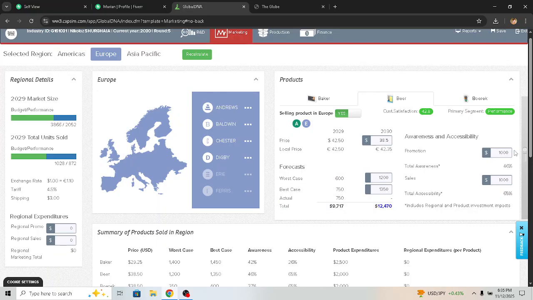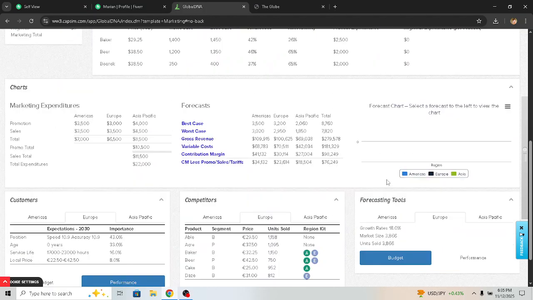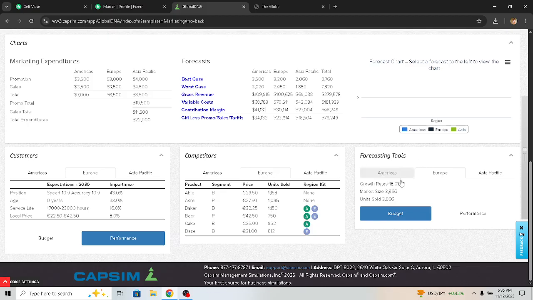We gave it a promotion of 1,000 and sales budget of 1,000. Worst forecast of 1,200 and best case of 1,350. And maybe to just give you a hint on how to do the forecasting, we have the forecasting tools below this page on our left hand side, and we'll take note of the growth rates, market size, and the units sold.